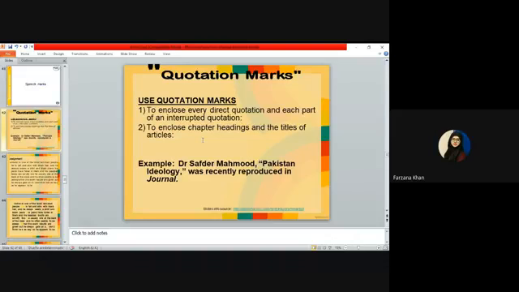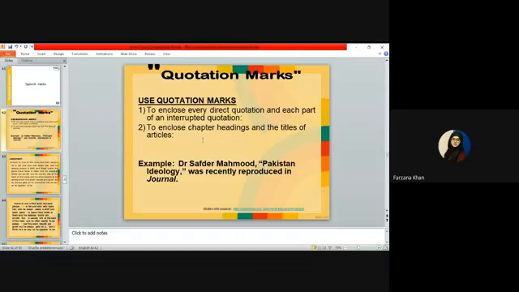Title headings or subheadings when they are given in written text, you don't need to add quotation marks. But when you are writing titles of some books, articles, the headings, the names of the chapters or the names of the subheadings within the sentences, at that time to highlight that those are basically the headings and titles, then you need to use the quotation marks.